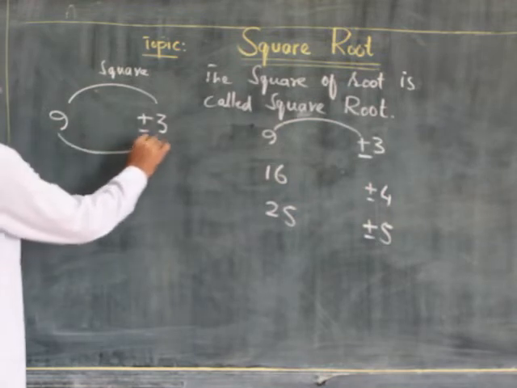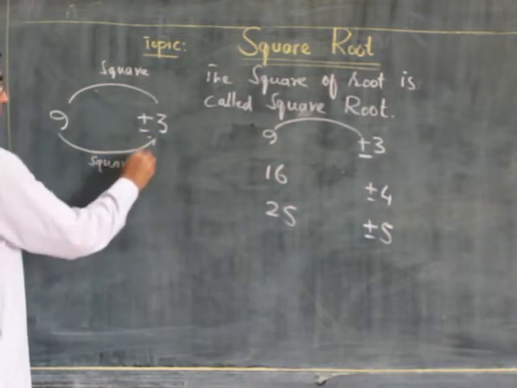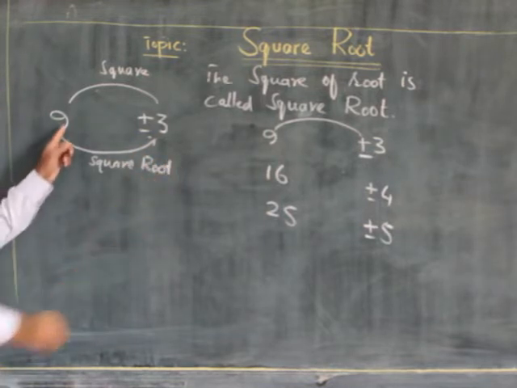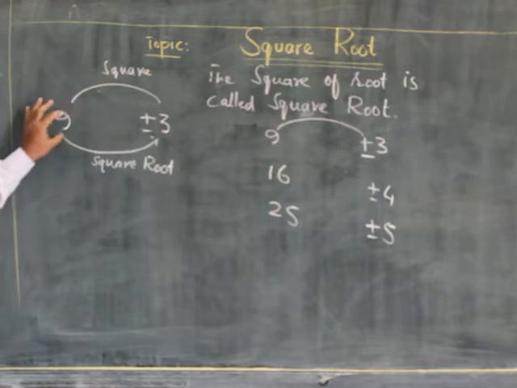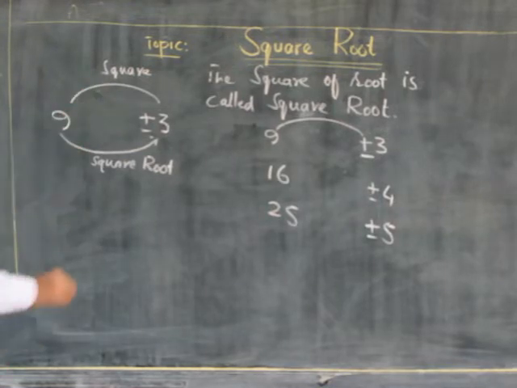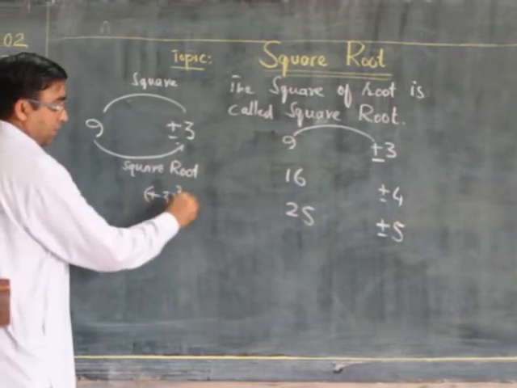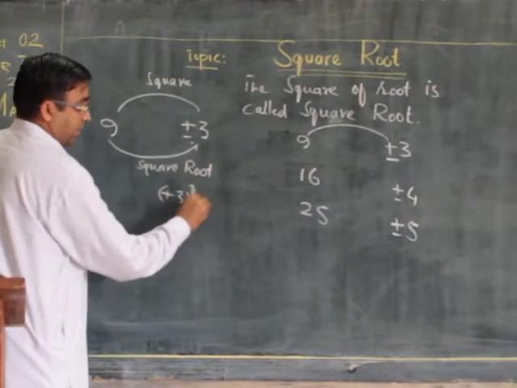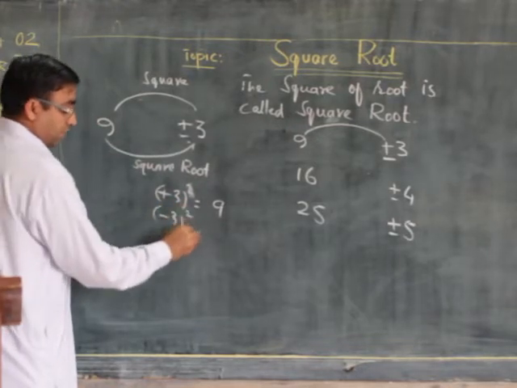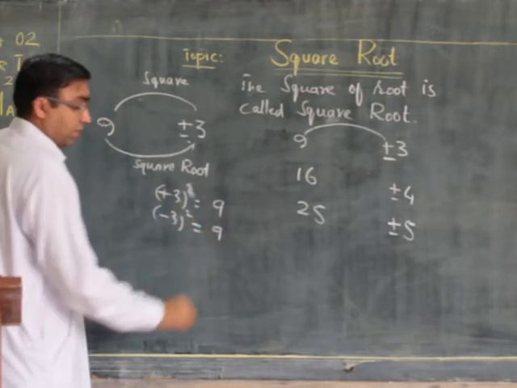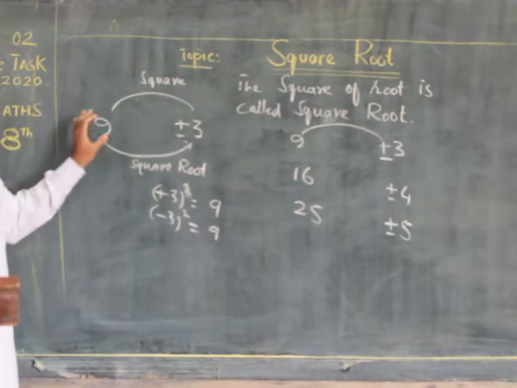When you take square root of 9, that is also equal to plus 3 as well as minus 3. It means when we take square of 3, that is equal to 9, and when we take square of minus 3, that is also equal to 9. It means plus minus 3 are the roots of 9.